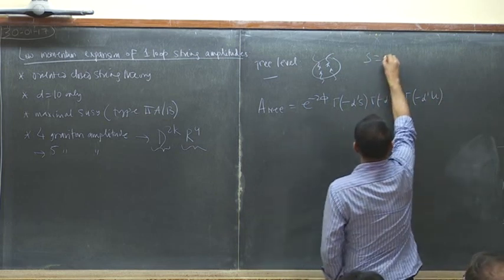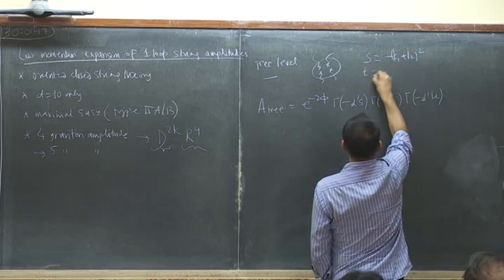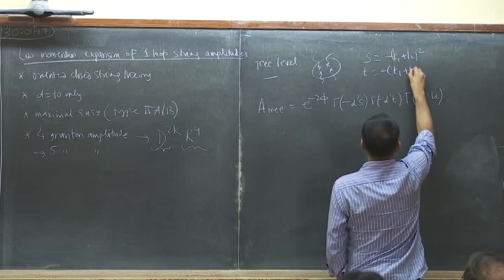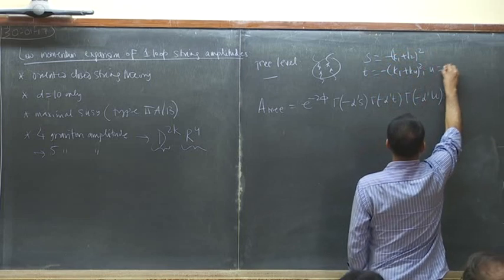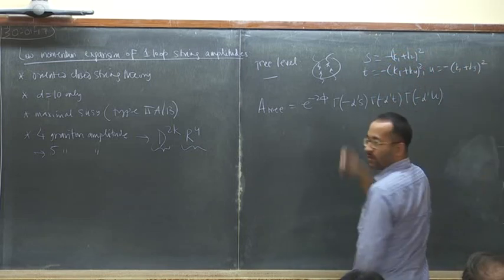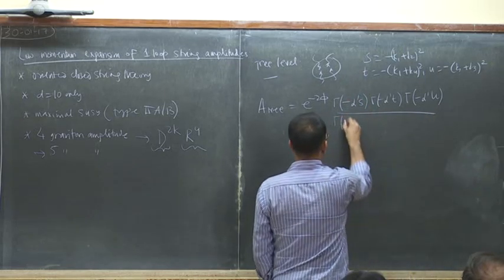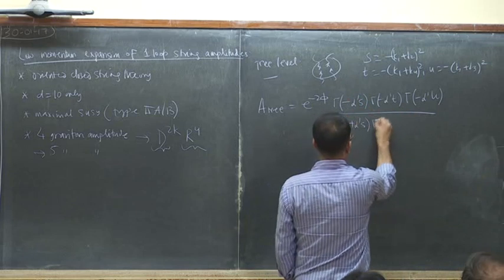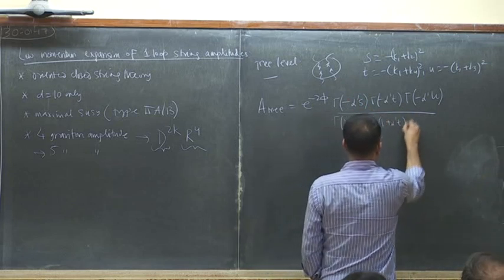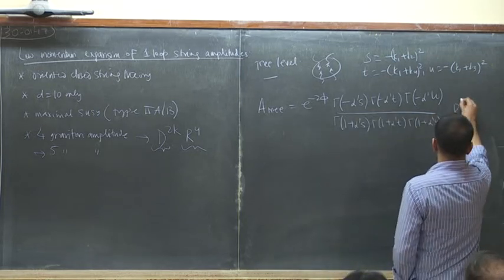I should mention s is minus (k1 plus k2) squared, t is minus (k1 plus k4) squared, u is minus (k1 plus k3) squared, and all the gravitons are on shell. The formula is then divided by gamma of 1 plus alpha prime s, 1 plus alpha prime t, 1 plus alpha prime u. And here is something schematically R to the 4.